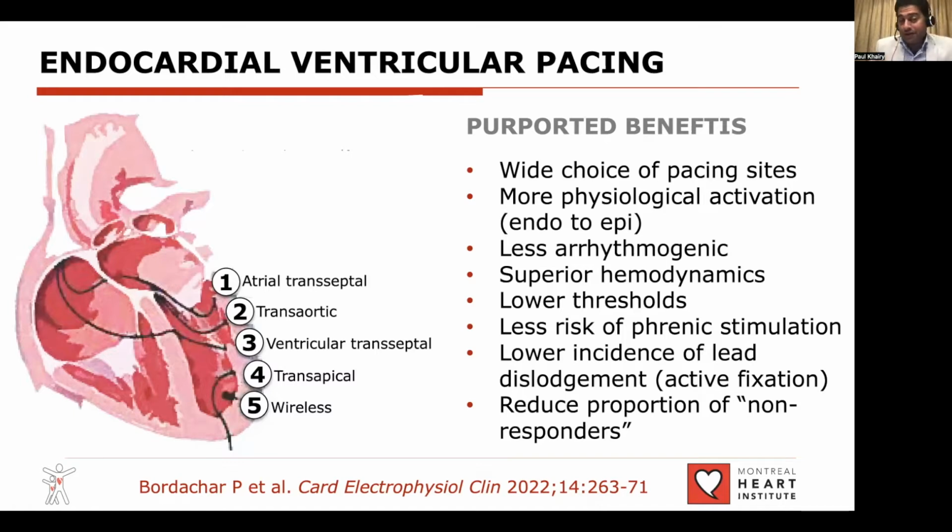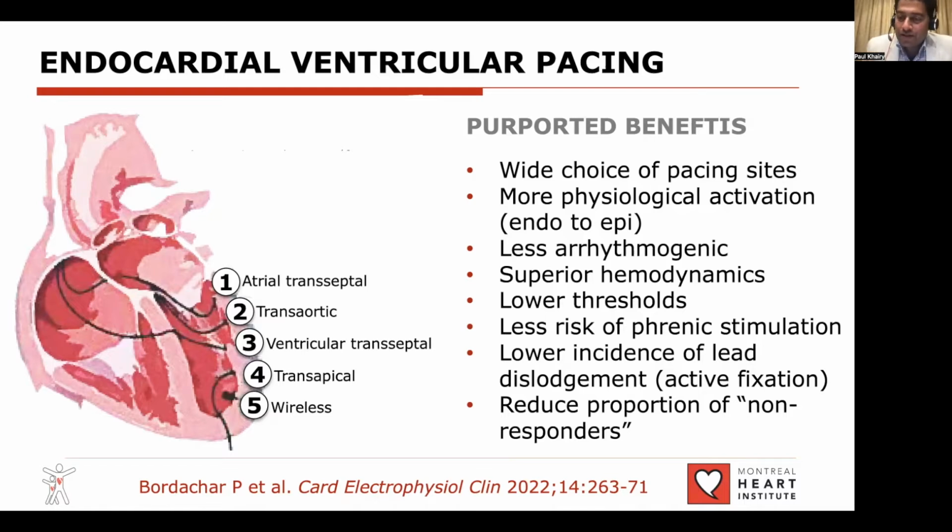Whereas if you put a lead on the endocardial surface of the left ventricle, you have a wide choice of pacing sites. Endocardial pacing also provides more physiological activation because you're depolarizing the ventricle from endocardium to epicardium, which is also thought to be less arrhythmogenic.